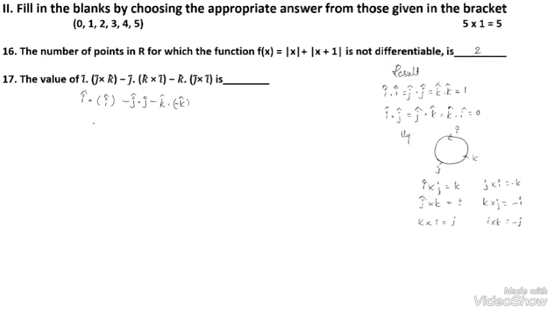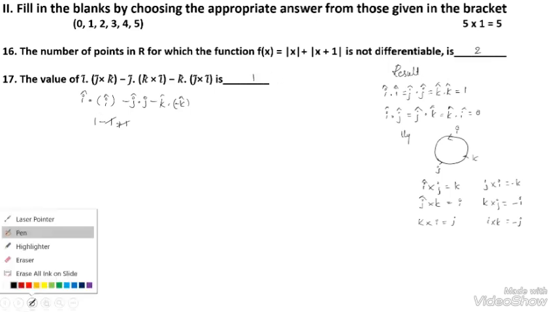Now i dot i is 1, minus j dot j, that is minus, here minus and minus will be plus k dot k, that is 1. Plus 1 minus 1 get cancelled. We have the result 1.